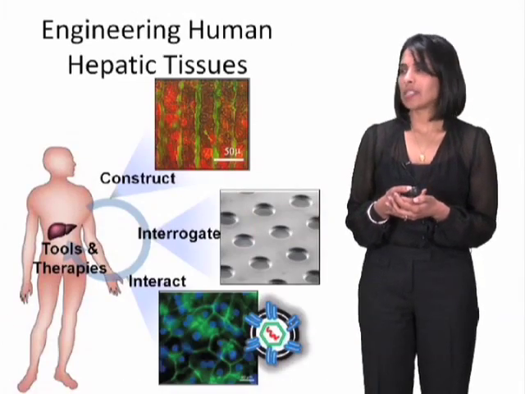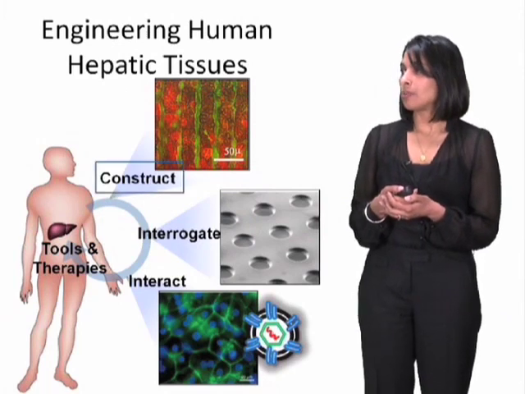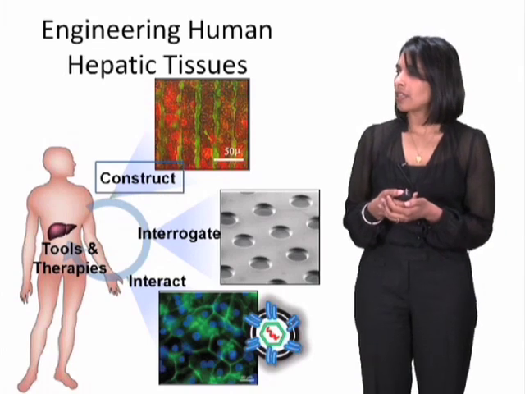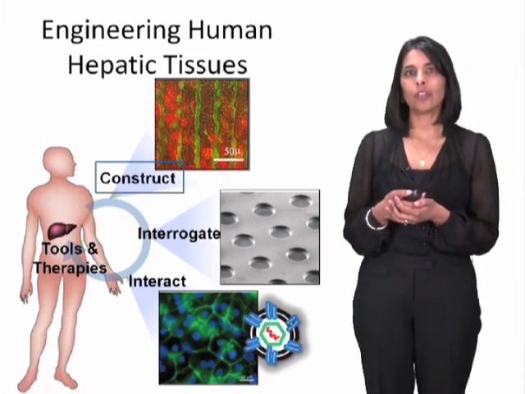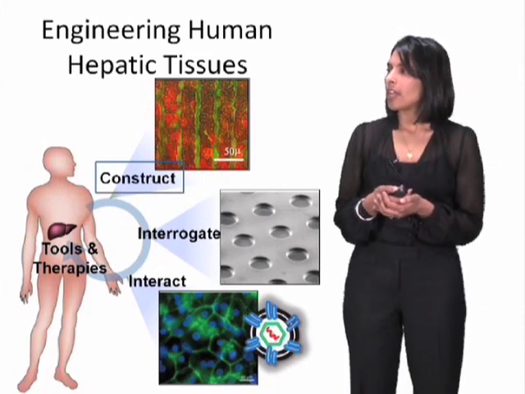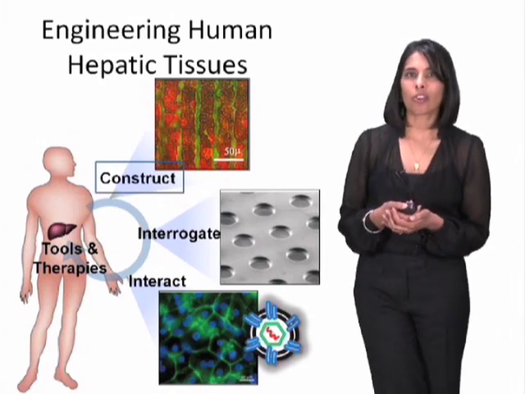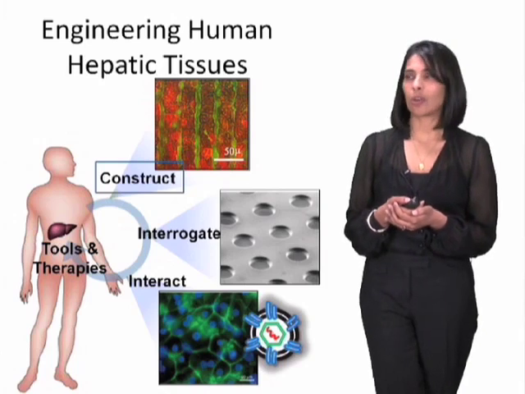In this talk, what I'll be telling you about is our work in constructing human tissue microenvironments for the liver, our interest in interrogating these microenvironments in high throughput, for example for drug development, and furthermore our interest in using these liver tissues for studying the interaction with pathogens that only normally interact with the human host.